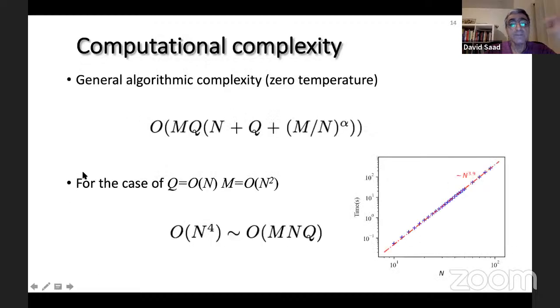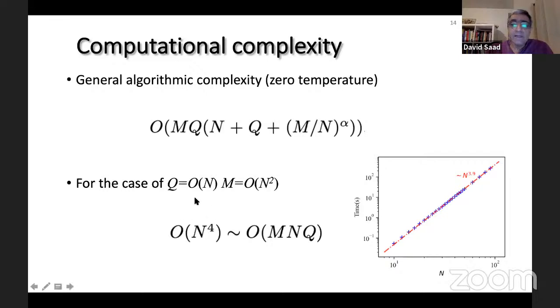Now, the bottom line is that we managed to reduce the computational complexity of this routing task significantly. Remember that M can be very large and Q can be very large, M the number of message requests, Q the number of wavelengths.